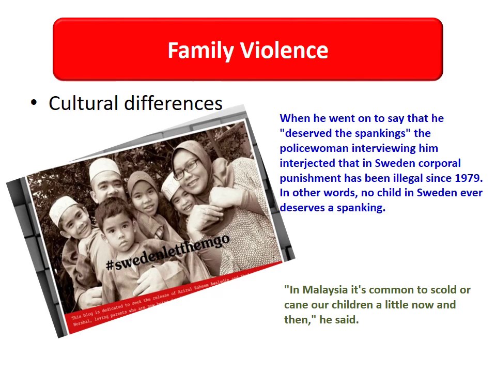This is probably no different from most Singaporean families. However, in Sweden, caning your child is considered corporal punishment and has been illegal since 1979, as they believe no child ever deserves a spanking, which is why these two parents were convicted of child abuse under Swedish law.